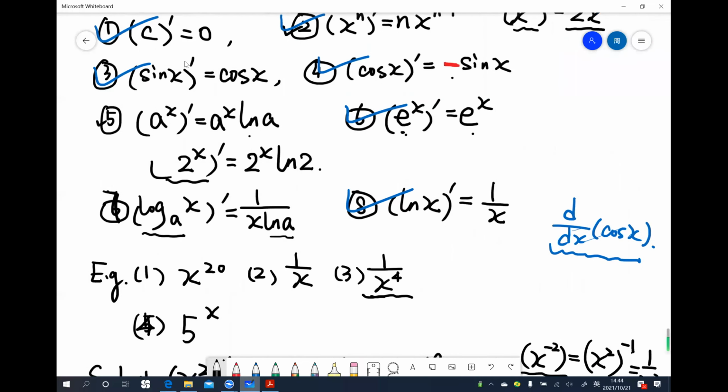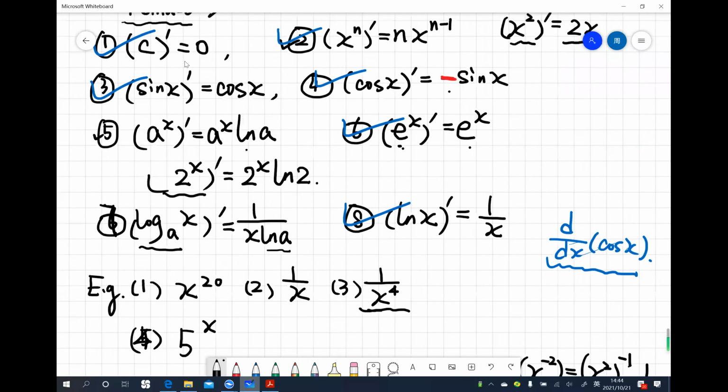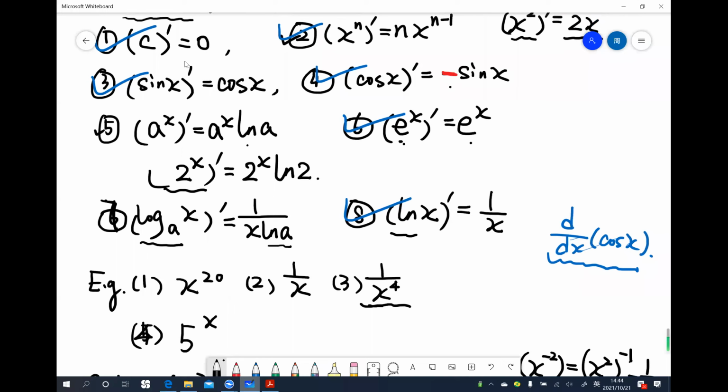That is the derivative. Number 8, that is the derivative of ln x equals 1 by x. That does not mean the derivative of 1 by x equals ln x.